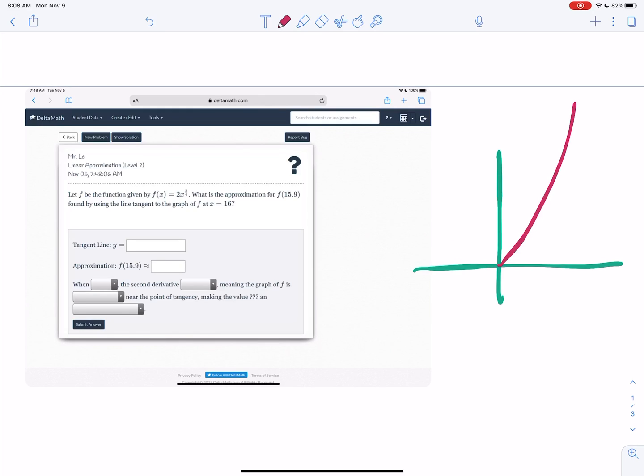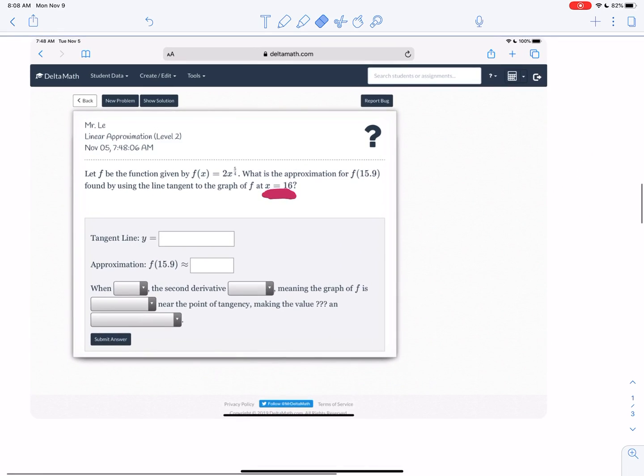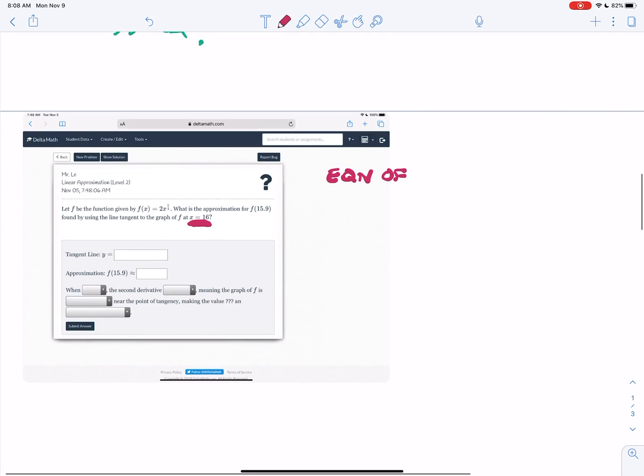So what's happening here is we're trying to find out what happens at x equals 16, which is somewhere beyond the graph because you'll probably have the default window in place here. So here's what we're going to do. First, we're going to try to make an equation of a tangent line. You guys can write this down with me.